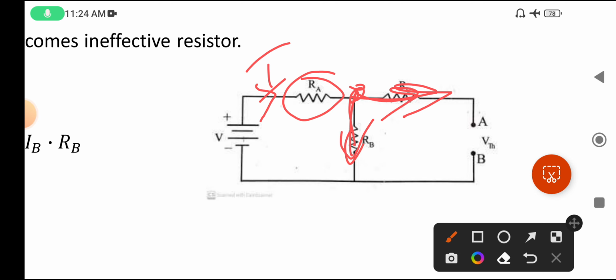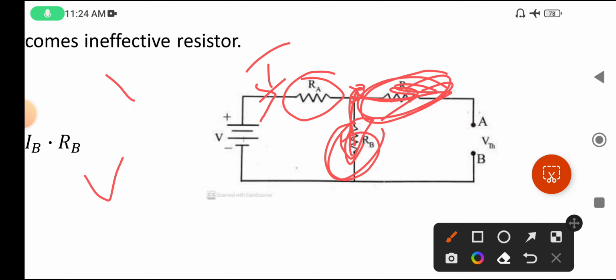Where the current divides, those two resistors are parallel to each other. If the current is not dividing, they are in series. If the current is dividing, they are in parallel. In a parallel combination, voltage is the same. In a series combination, voltage is different.